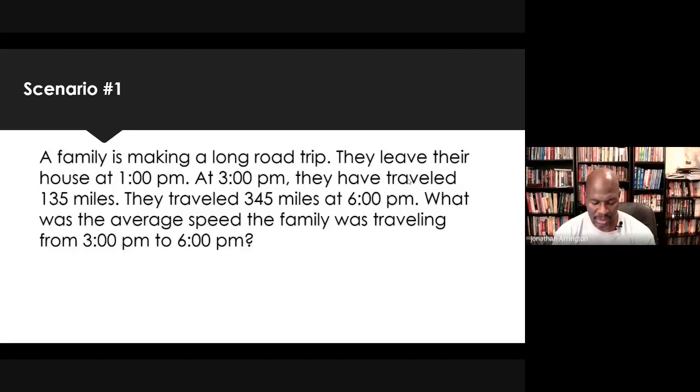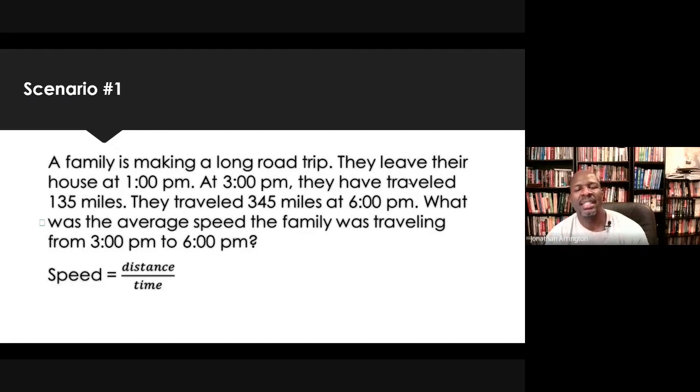Okay, so let's look at it. I'm trying to find a speed, and I know some distances, and I know time. And luckily, we were taught in science that speed is distance over time. So from 3 to 6, to get the distance traveled, we would just have to subtract 345 minus 135.